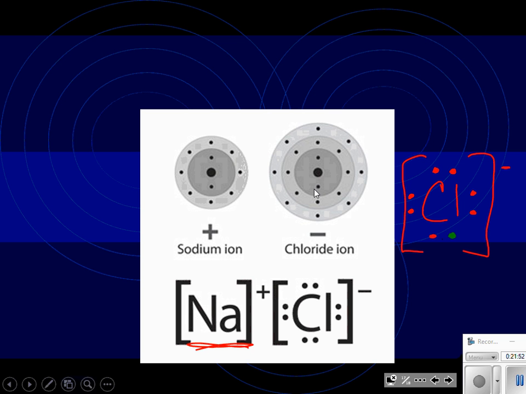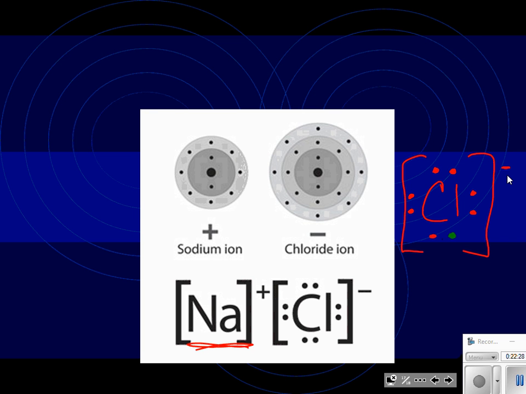So if I'm drawing the electron dot notation for chlorine, I have to have 8 dots around it, in brackets with the negative charge, signifying that I have gained 1 electron, because now I have more electrons than I do protons. Does that make sense with the ions?